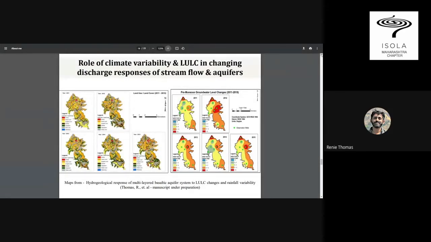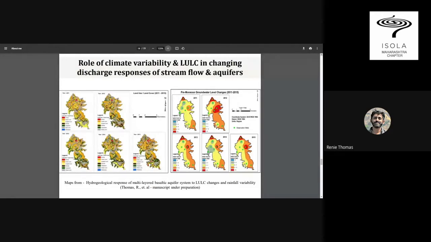The other important thing in terms of water availability in streams and aquifers is the climate change that's happening, and the massive changes we are seeing in the landscape, right from blowing up and cutting across certain mountains without even understanding the value they hold.